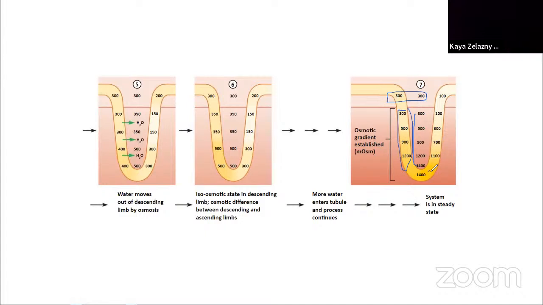But as we move into the ascending limb, we start to see the tubular fluid with much lower osmolarity than surrounding regions of the medulla because we're actively pumping those solutes. And because this fluid gets pushed into the distal tubules in the cortex, we then see a difference between the osmolarity of the fluid in the distal tubule versus the interstitial fluid in the cortex.